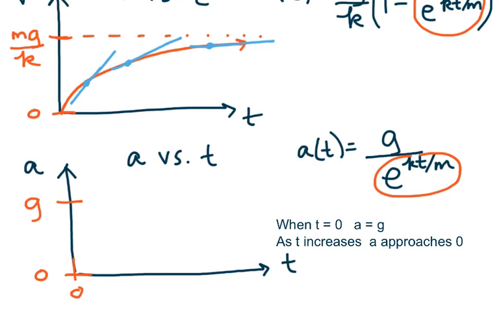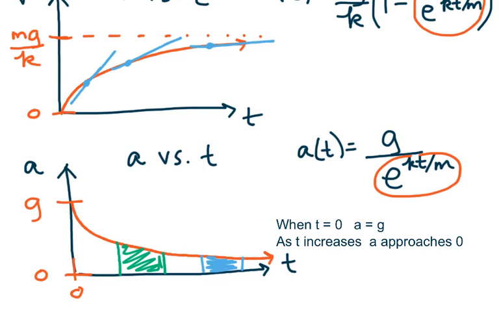Now, as time goes on, the acceleration is going to approach 0, and it's going to have another asymptotic relationship that looks something like this, where the function approaches the t-axis as time goes on. I know the curve looks like this because the area between the curve and the t-axis gives me the change in velocity. So I want to show you two different changes in velocity, one we'll call blue and the other green, with about the same amount of time.